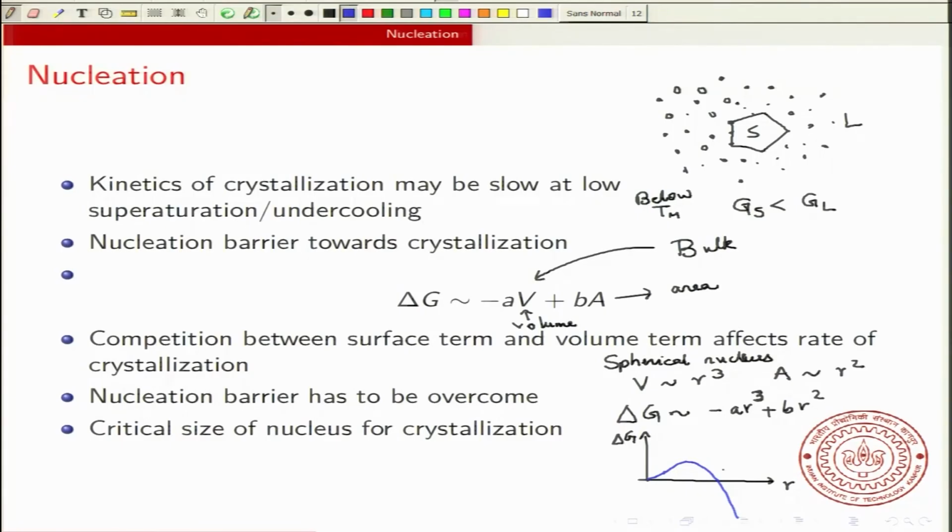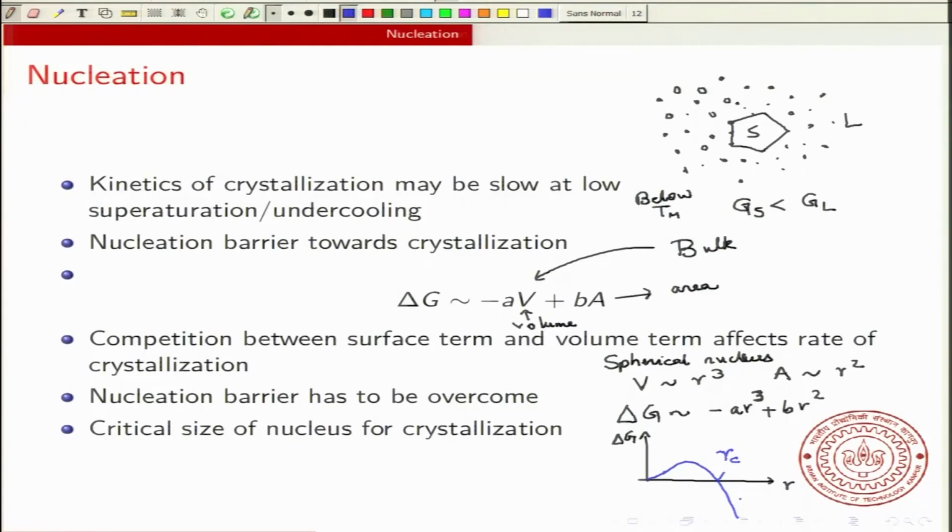So, if you have this place where it crosses, the size is called RC. That means if you have a small piece of crystal whose size is less than RC, then the free energy for forming that is actually positive. So it is unstable. So you have to grow a crystal that is larger than RC in order for the crystallization to be favorable.